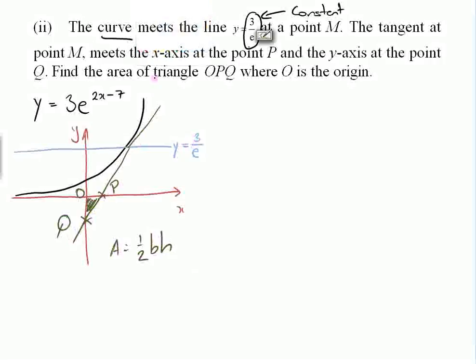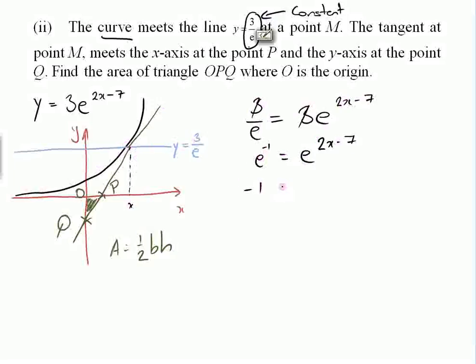Well, firstly, we're going to find the x coordinate, right? So we know that here, the y coordinate is 3 over e. So what we want to do is project down and find out what our x coordinate is going to be. We know it lies along this tangent, but it also lies along this line. So I can just substitute this in for my y. So 3 over e is equal to 3e to the 2x minus 7. 3 cancels out, so e to the negative 1 is equal to e to the 2x minus 7.